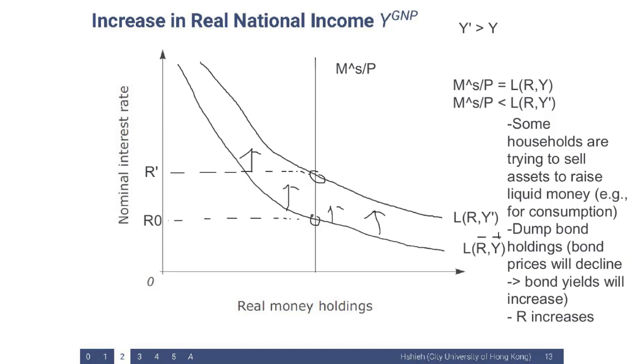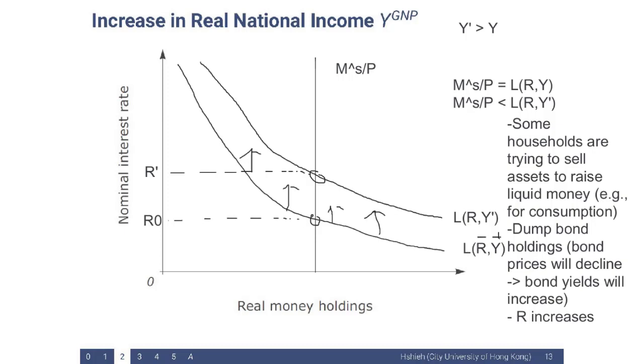Well, some households will actually convert their illiquid assets to liquid assets. Yes? If you're wealthier. So all households are trying, let's just say some, okay? I don't want to say all.